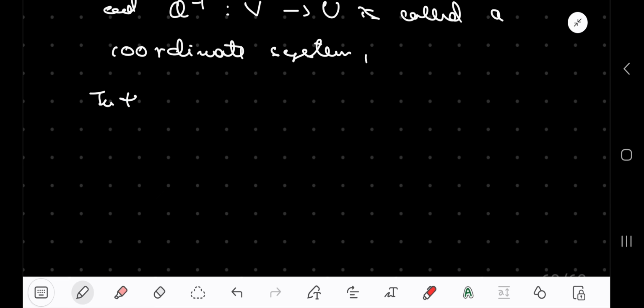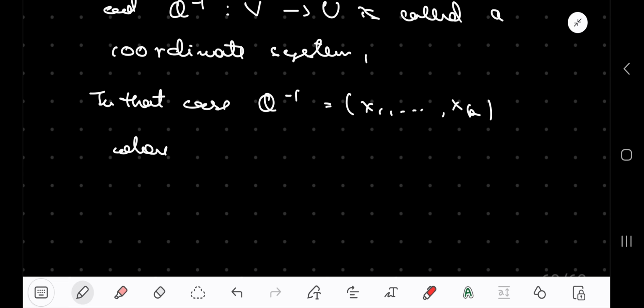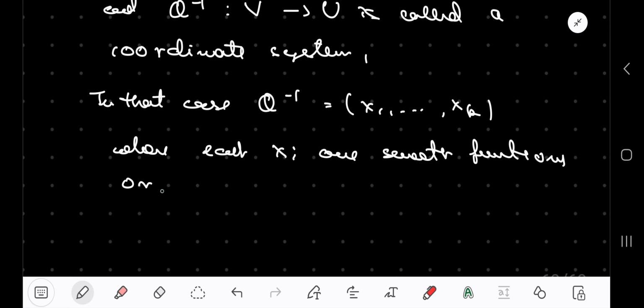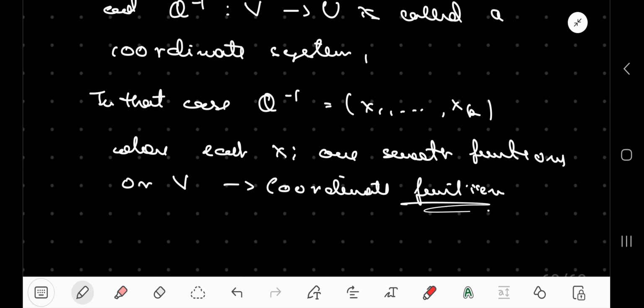In that case phi inverse can be written as x1 till xk, which are k differentiable functions, where each xi is a smooth function on V, which we call the coordinate functions.